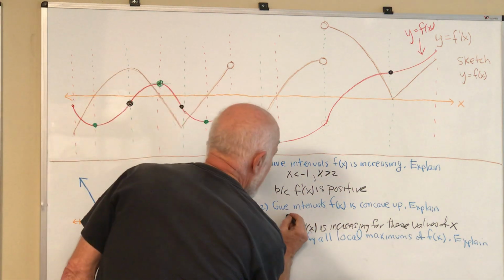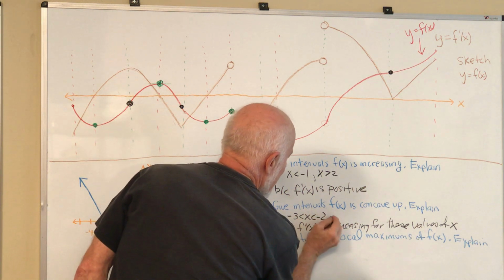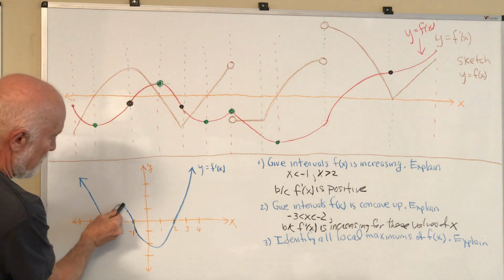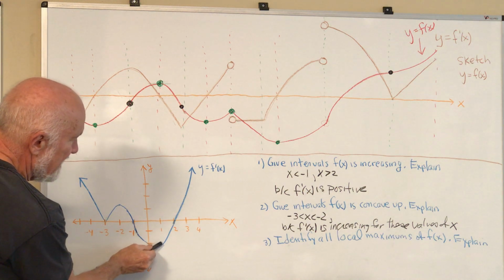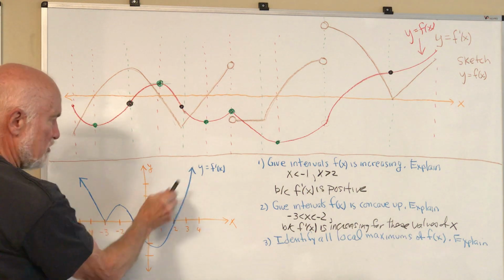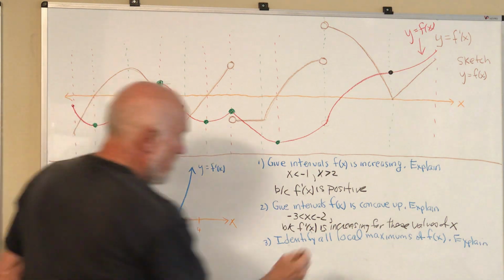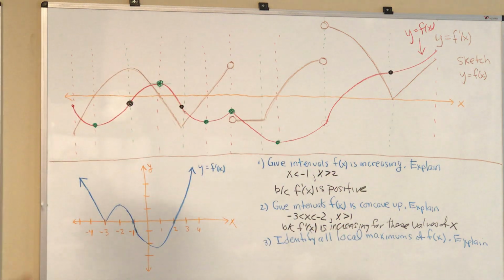So I can say -3 is less than x is less than -2. Well, any other places? Well, it goes decreasing, decreasing, decreasing, but once you get to 1, it increases for the rest of eternity because of that arrow. So anywhere greater than 1.